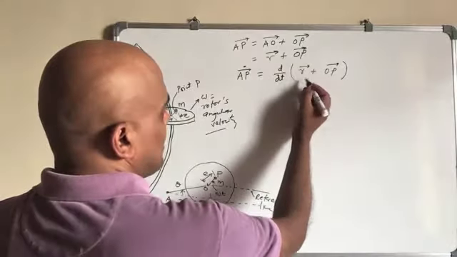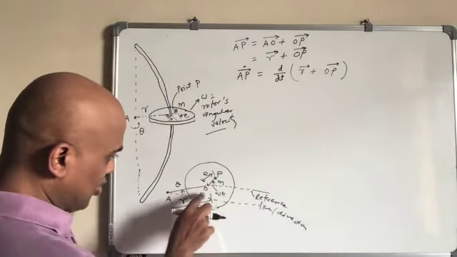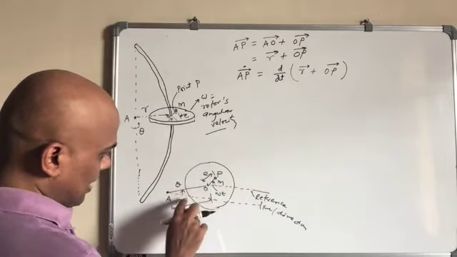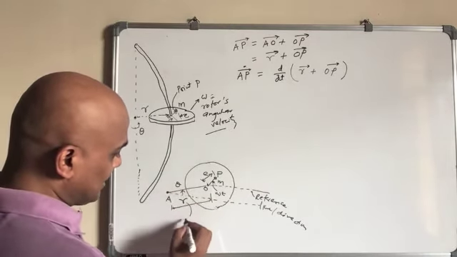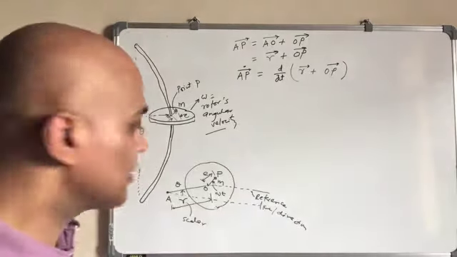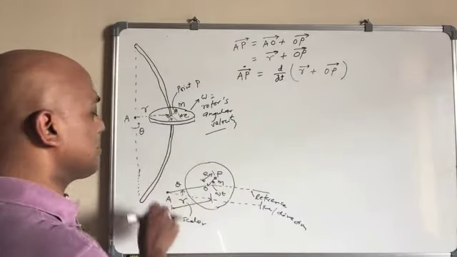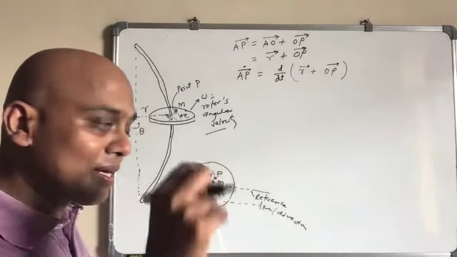Note here that this R vector, from here to here, A to O, this is R. R is a scalar, the distance is R, and it is also rotating with theta dot.